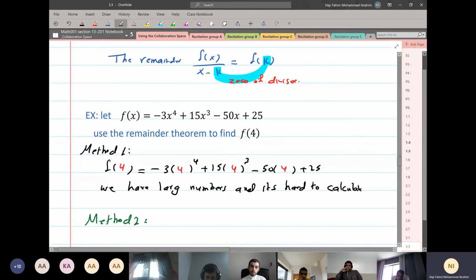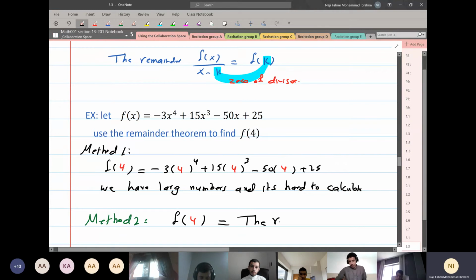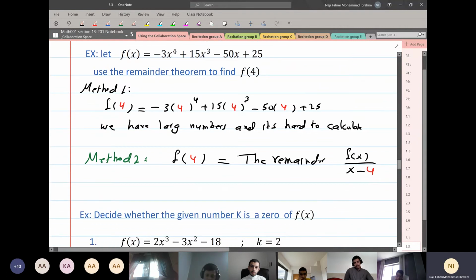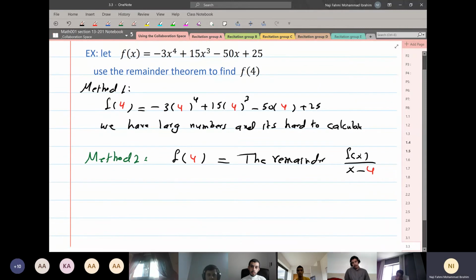How can I find f of 4 now? We will use the remainder theorem. f of 4 is equal to the remainder of dividing f of x by x minus 4. So now I want each one of you to start dividing. We will divide by 4.